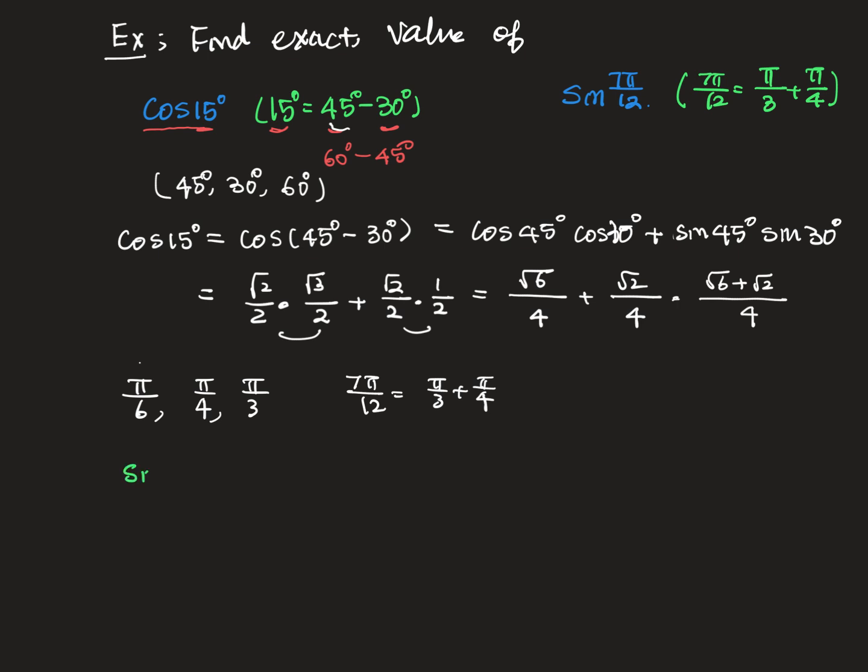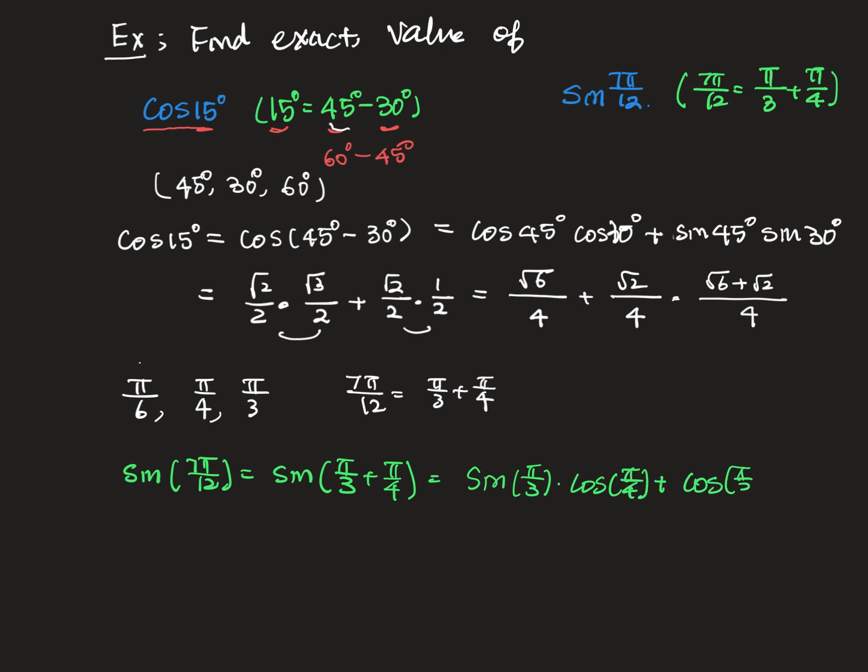We want to find sine 7 pi over 12, which is sine of pi over 3 plus pi over 4. Sine of u plus v: sine pi over 3 cosine pi over 4 plus cosine pi over 3 sine pi over 4. That's the sum formula for sine.